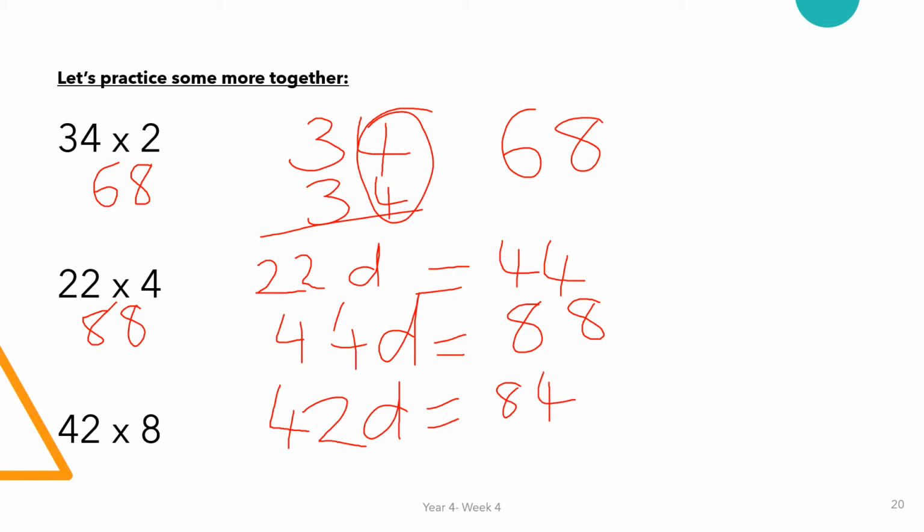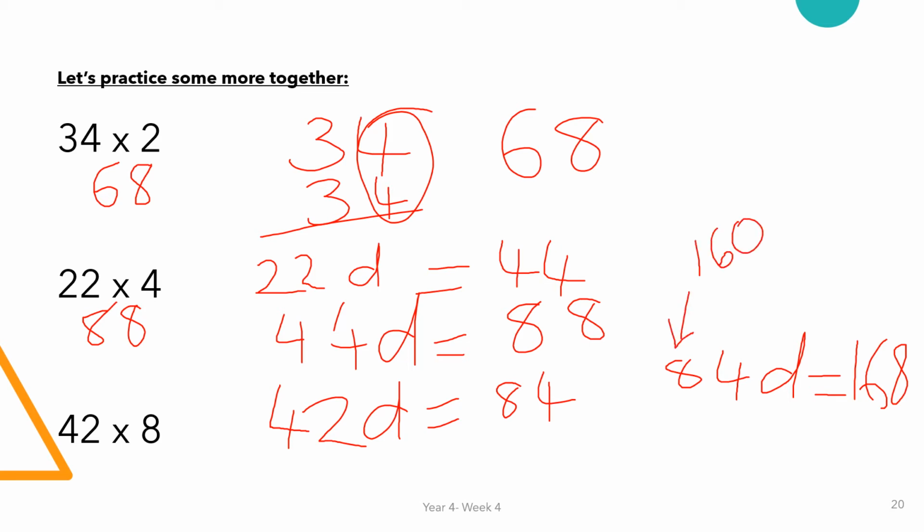Then we would have 84, I'm just going to put it here because I'm running out of space. 84 doubled, so this would be 42 times 4. 84 doubled is 168. And we know this because double 8 is 16, so it would be 160 over here. I'll just write that up. And then double 4 is 8. And 160 plus 8 together is 168 in total.